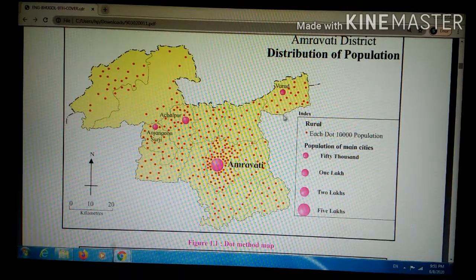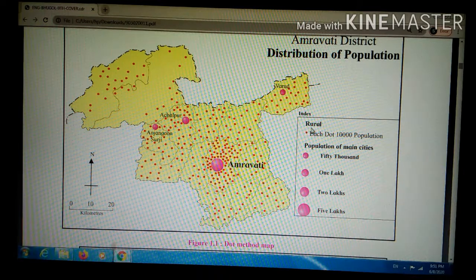This is the map, and this is the theme of this map. See, first they have asked about the town. For the population of towns, see, here the index is given. In the index the value of each dot is given. In rural areas, see the small dot in red color, and increasing dots in pink color are shown.